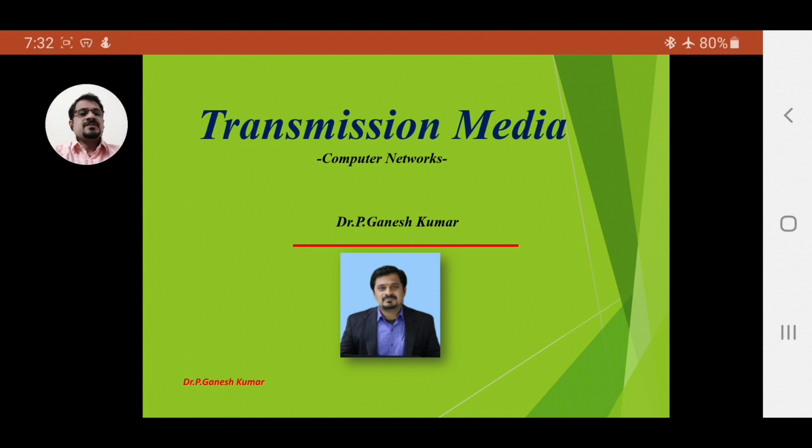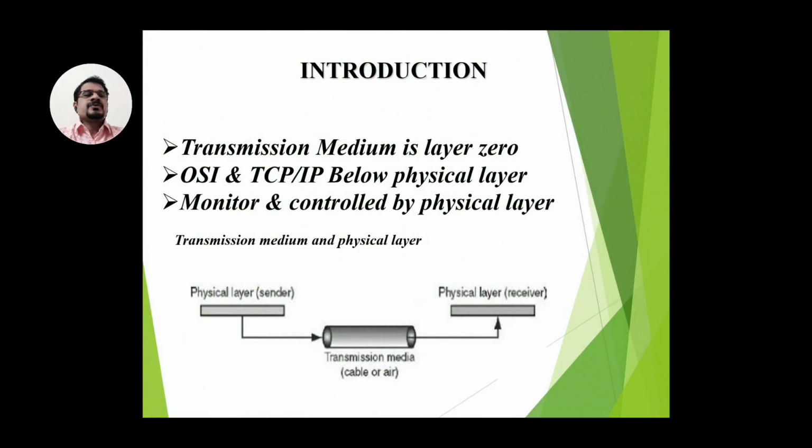Now we are going to see the transmission media. As I mentioned, we are going to discuss the guided and unguided transmission medium here. So first we will see an introduction. The transmission medium is in layer 0 because it is placed below the physical layer.